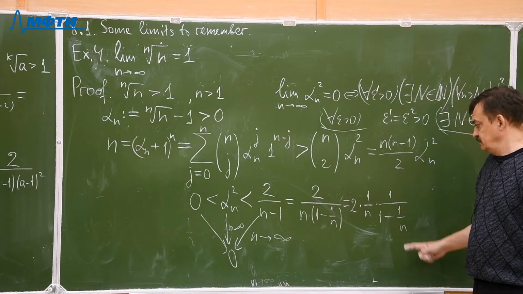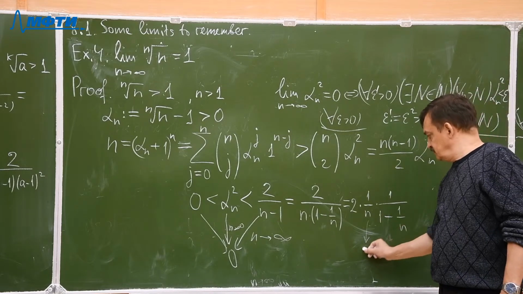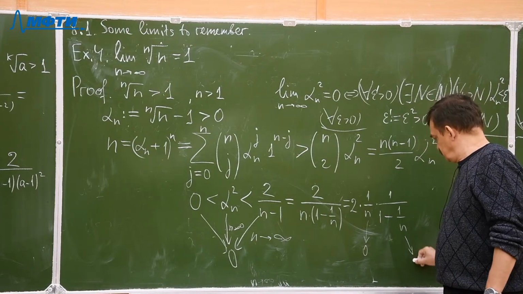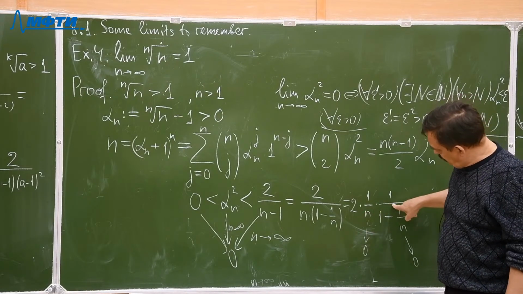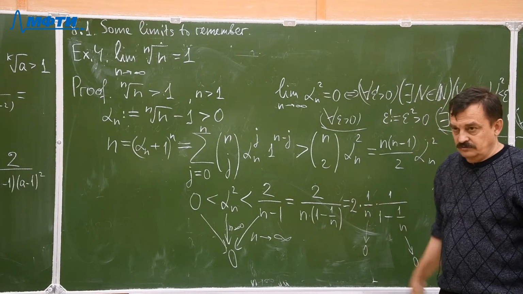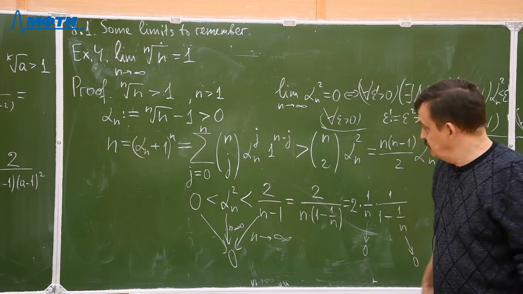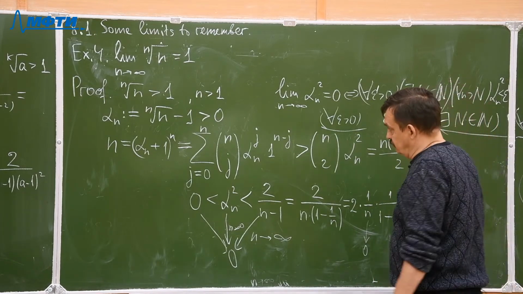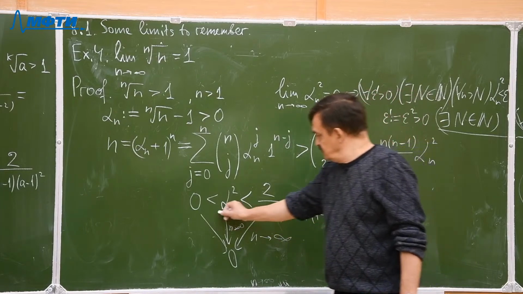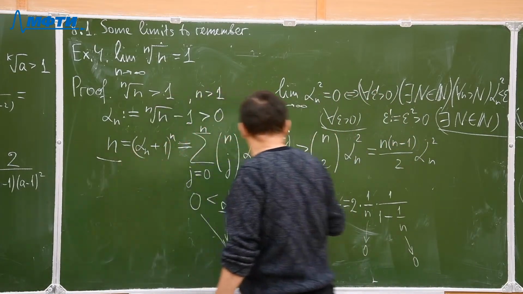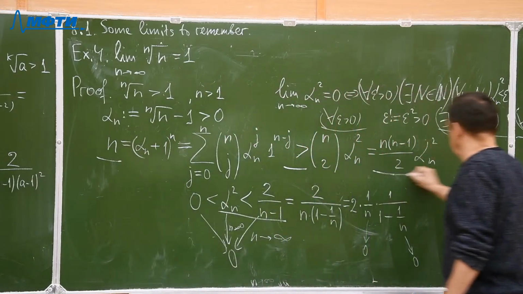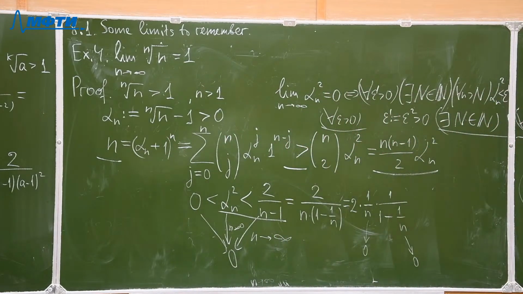This one tends to 0, hence this tends to 1. 1 times 0 times 2, we have 0. And this inequality, once again, follows by n greater than this. Is it okay?